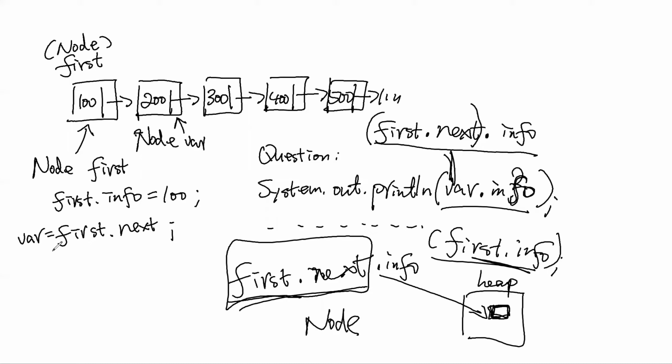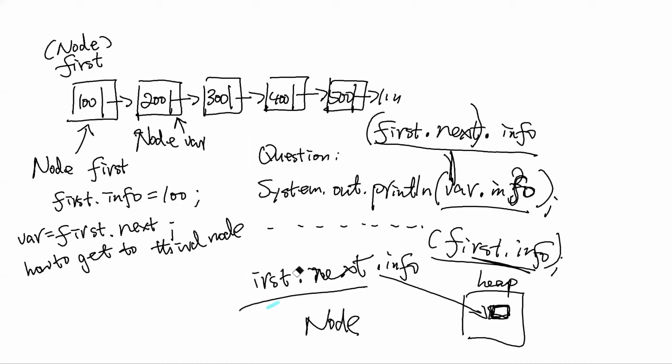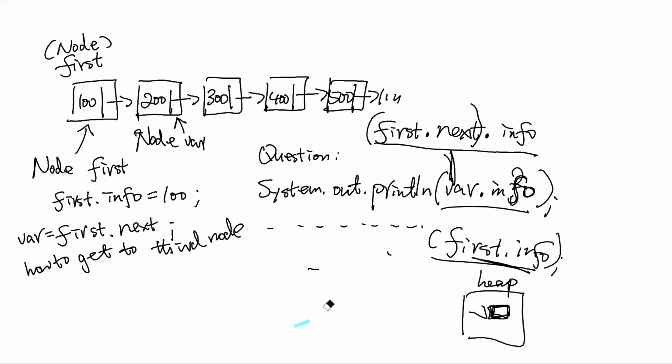So then my question is, how do I get to the third node? Suppose 300.